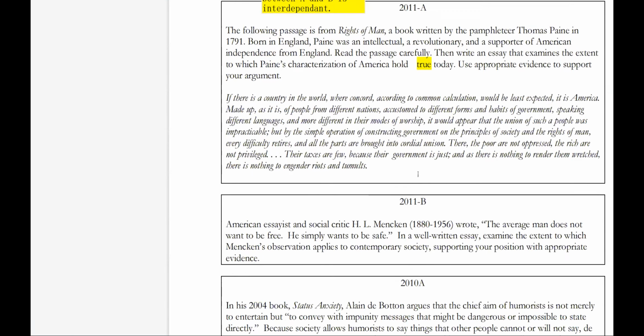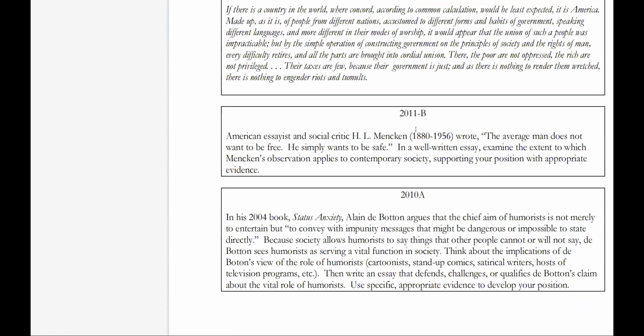True false, right? So now let's see, 2011 B. American essayist and social critic H.L. Mencken wrote, the average man does not want to be free. He simply wants to be safe. In a well-written essay, examine the extent to which Mencken's observation applies to contemporary society.